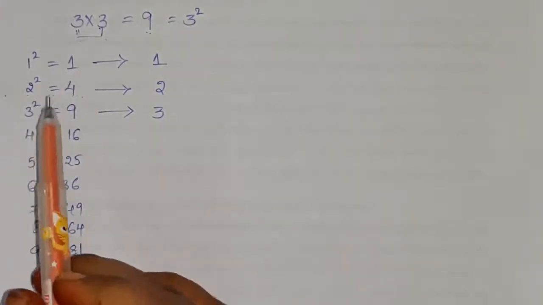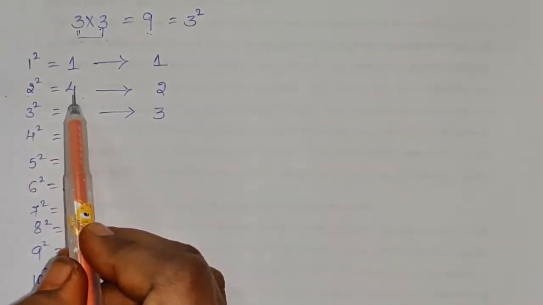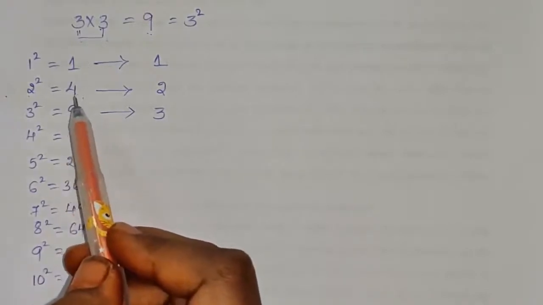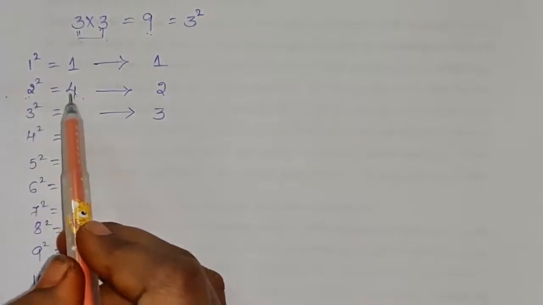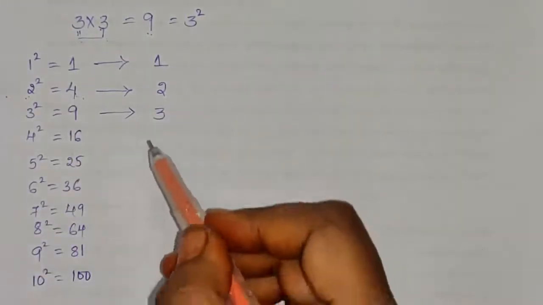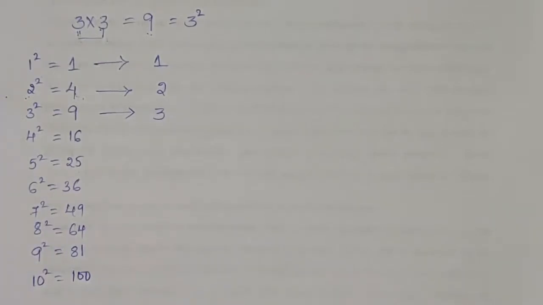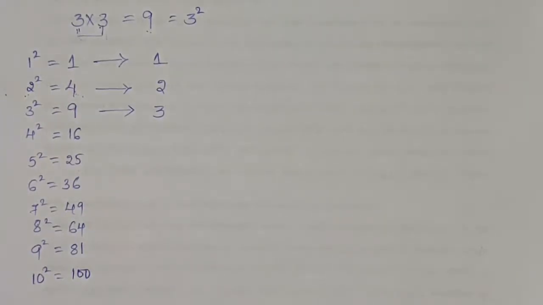The square root is always the inverse operation of squaring. When you square 2, you will get 4, and when you take the square root of 4, you will get 2. This is the square of 2 and this is the square root of 4. Likewise the remaining also. And we should know that the perfect square root exists only for the perfect square number.